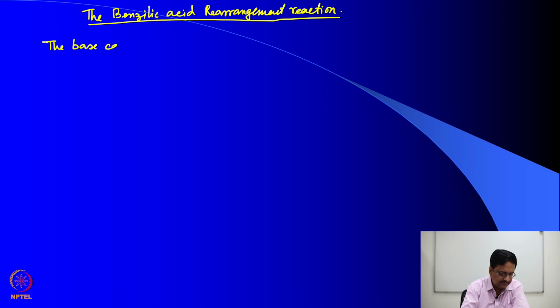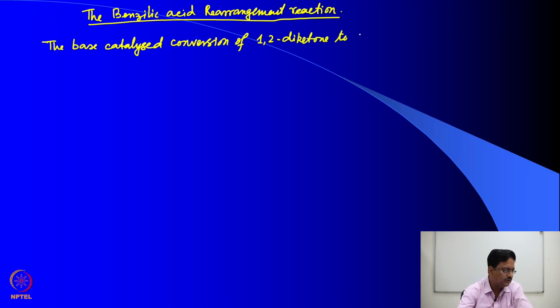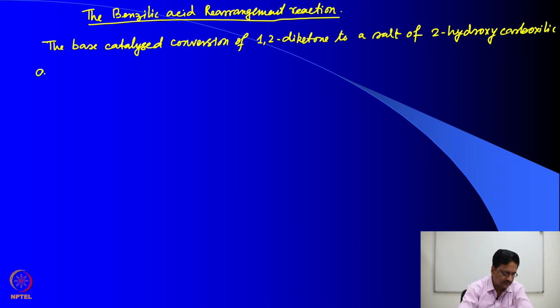The base catalyzed conversion of 1,2-diketone to a salt of 2-hydroxy carboxylic acid is called the benzylic acid rearrangement.